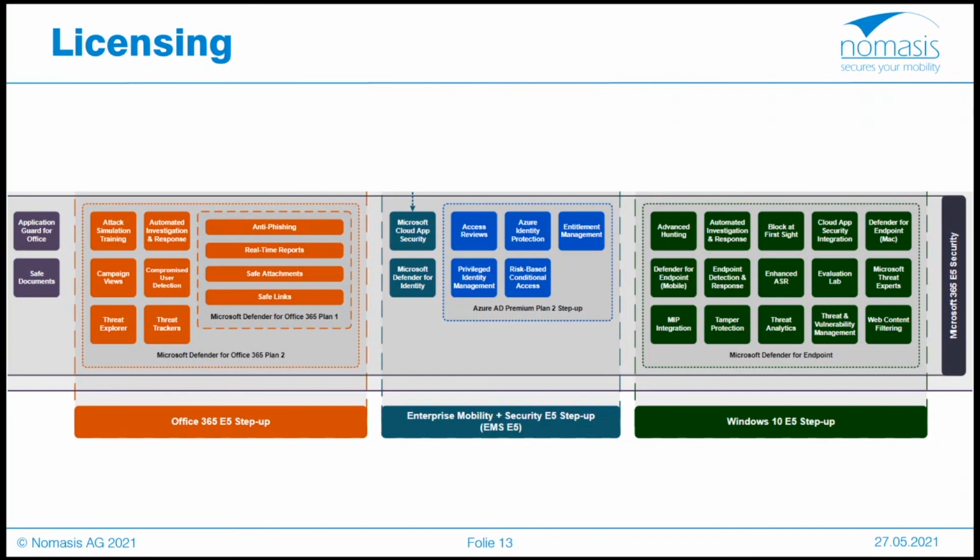Or, for example, safe documents. To keep you protected, safe documents will be sent to the Microsoft Defender for Endpoint Cloud for analysis. And if they're safe, you will actually get access to them. And also Microsoft Cloud App Security would be in the same licensing option, and Azure AD Premium Plan 2.